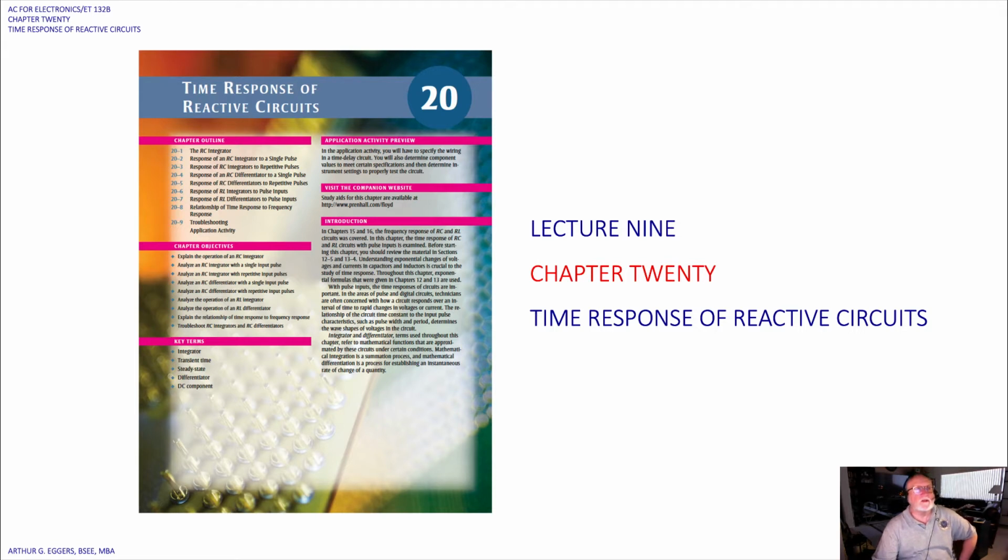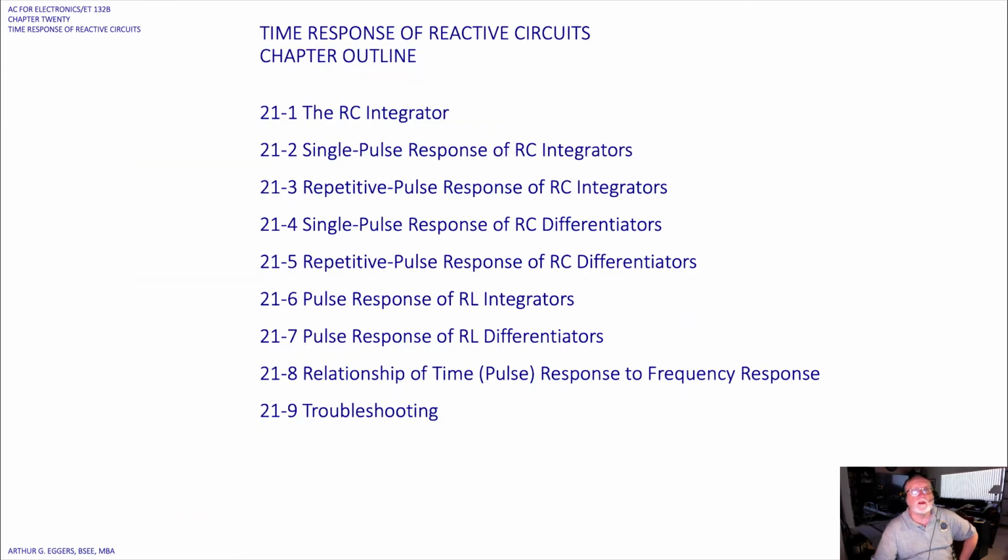Now we're going to take a look at something that we've actually seen before when we covered transients and time response. Now we're going to look at it, though, in terms of integrators and differentiators.